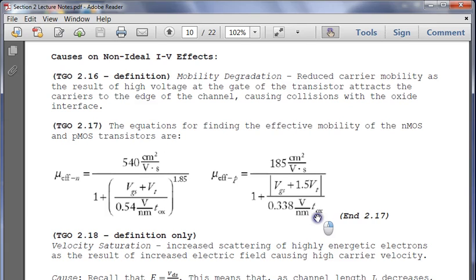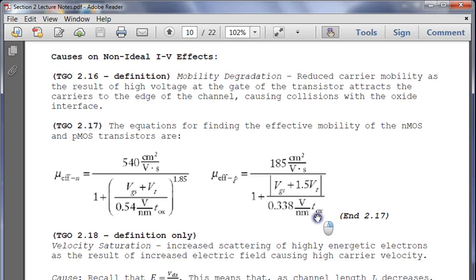So the old transistors that you were using for 0.6 micron and 0.25 micron were using 5 volts. Your 0.13 micron was using 3.3 volts, and then when you get down to 90 nanometers, you're at 1.8.